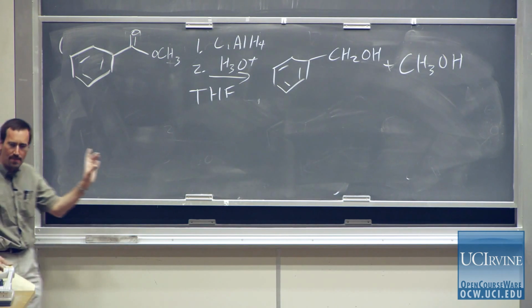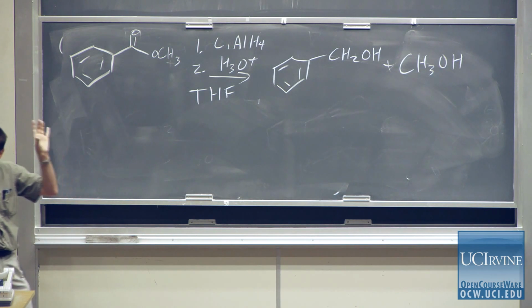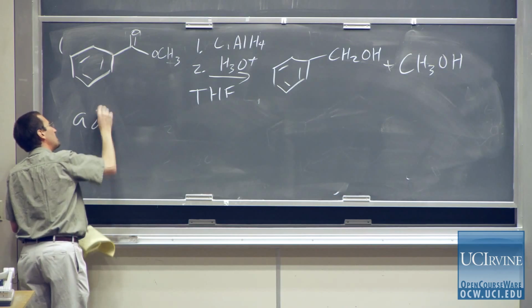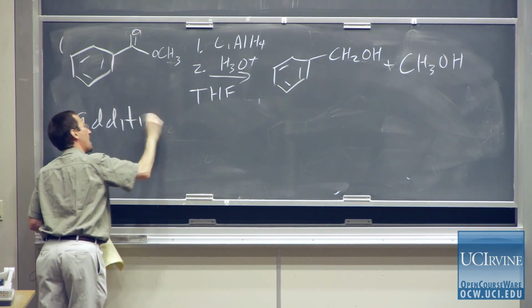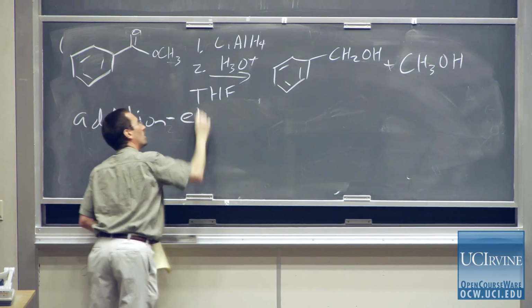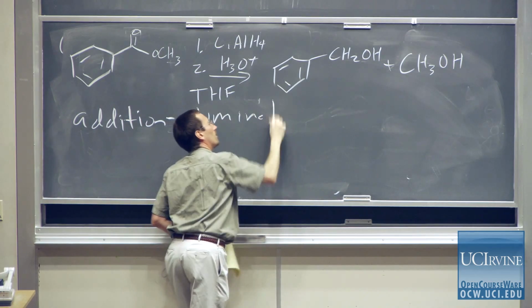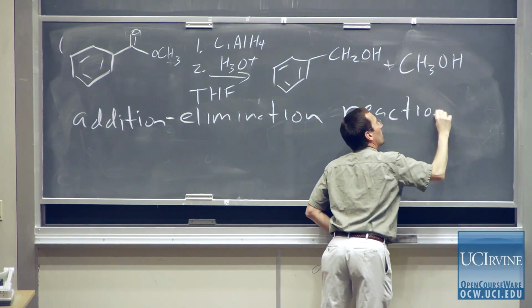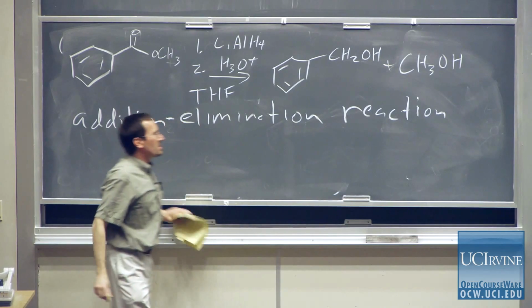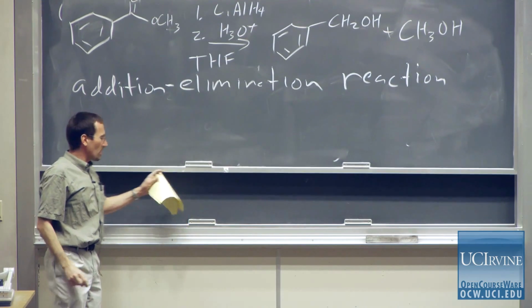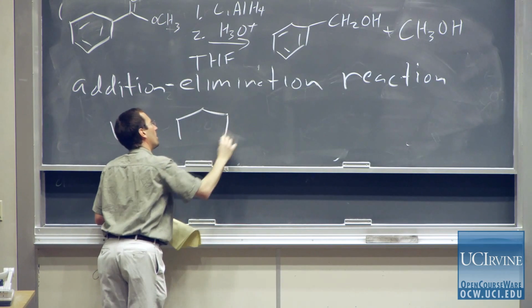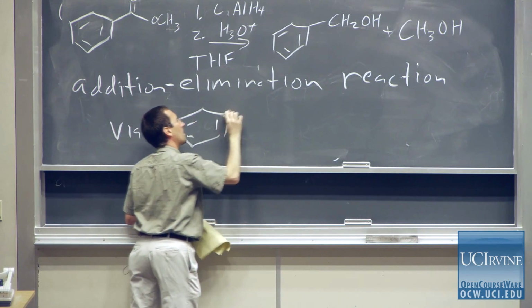And what this ends up illustrating is a new reaction type that we haven't yet seen, called an addition-elimination reaction. And we're going to see that this addition-elimination reaction goes through an intermediate of benzaldehyde.